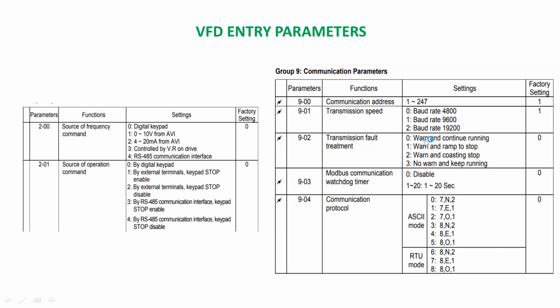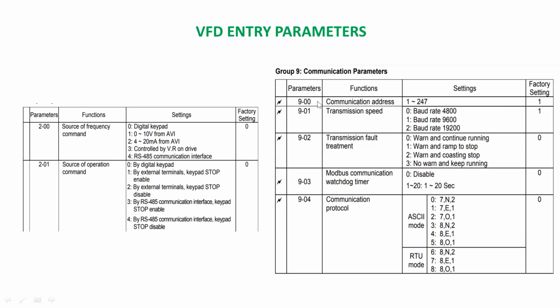Here we are going to use 7E1: 7 represents the data bits, E represents even parity, and 1 represents the stop bit. So in 9-04, you should enter the value as 1.